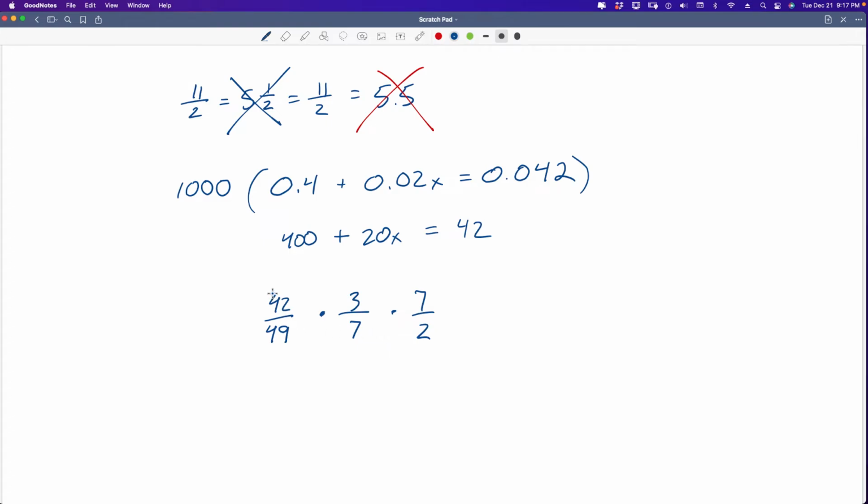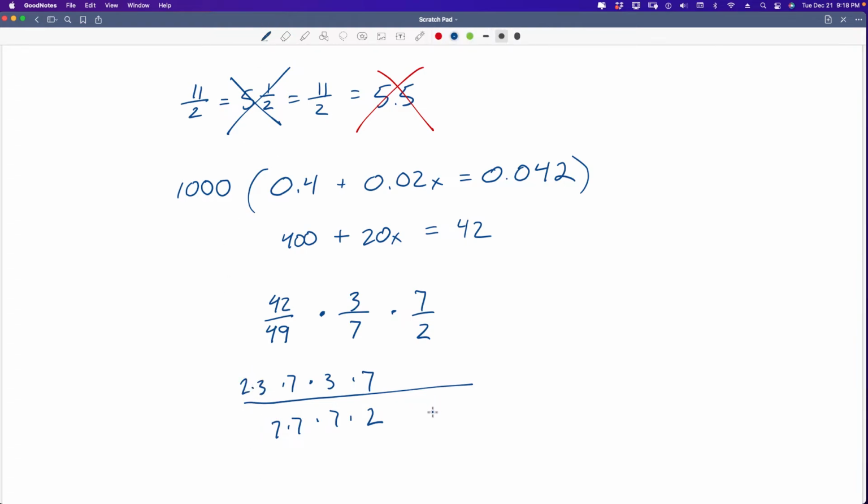But what we can do is we can say, this 42 is 6 times 7, right? We know when we multiply fractions that we're just going to go straight across. So we do this. And then this is 7 times 7, right? We also know that 6, let me erase this, it's 2 times 3, right?